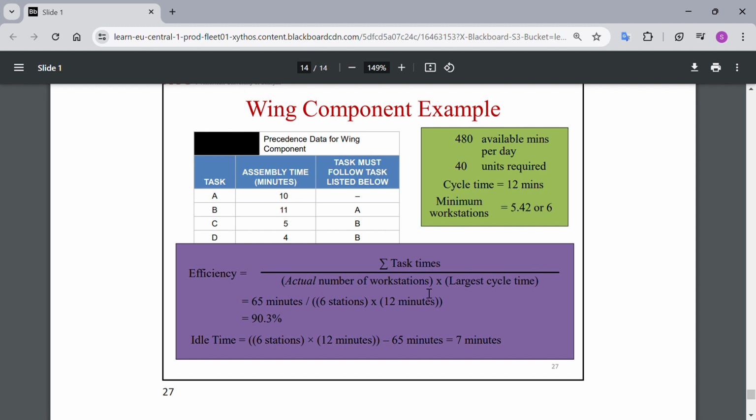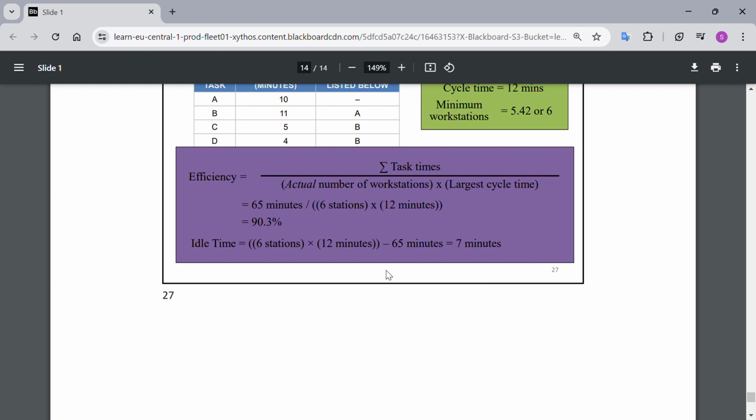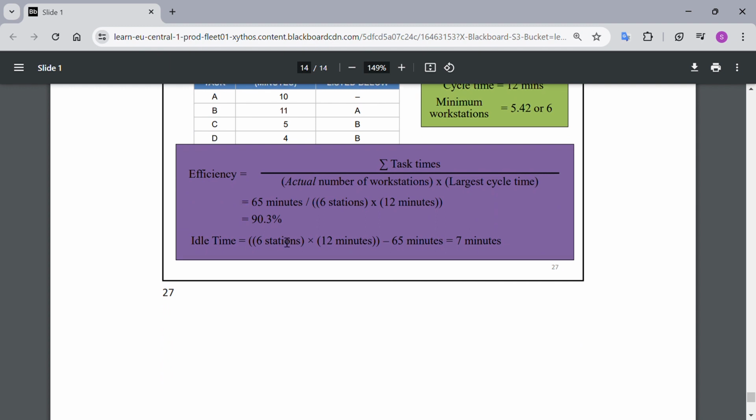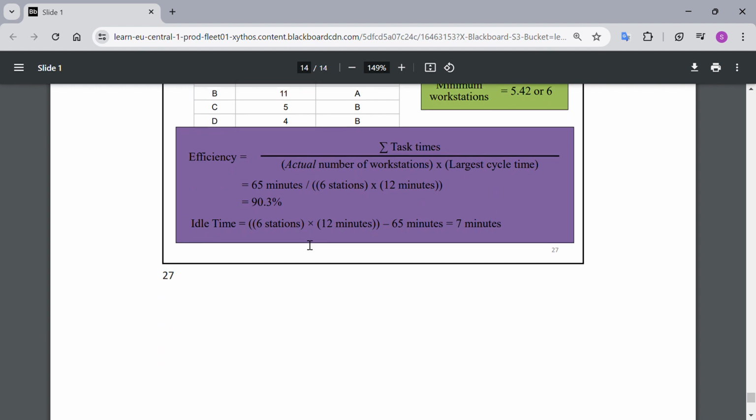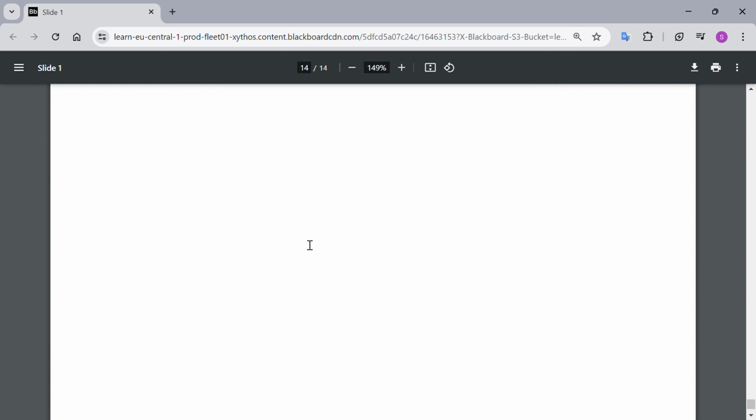So we have an efficiency of 90.3%. But there is idle time, which is 6 stations times 12 minus 65 minutes, so there's an idle time of 7 minutes in our overall production line.